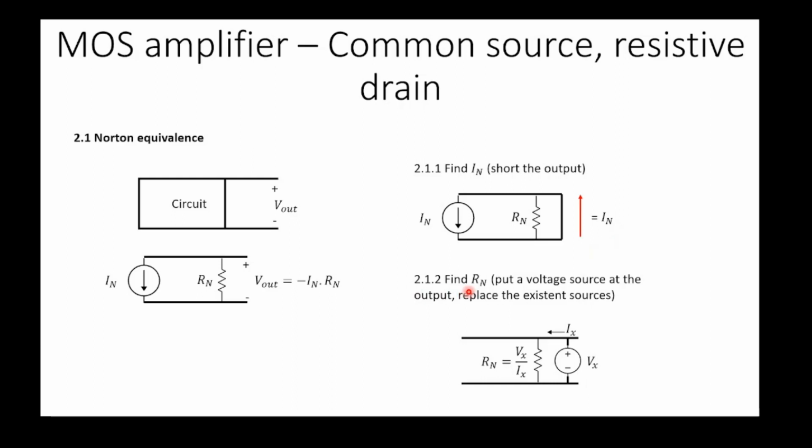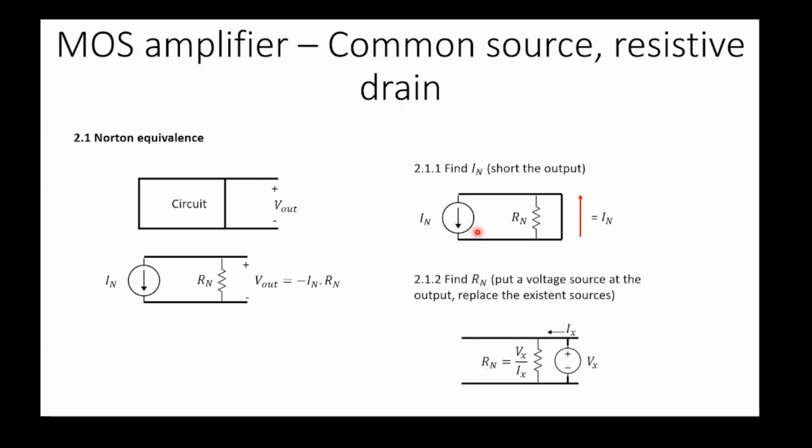Next, to find the RN, we need to put a voltage source Vx at the output, and when we put the voltage source Vx, we'll have a current going into our circuit. Another thing we need to pay attention to is that when we put this kind of voltage at the output, the existing sources should be replaced.